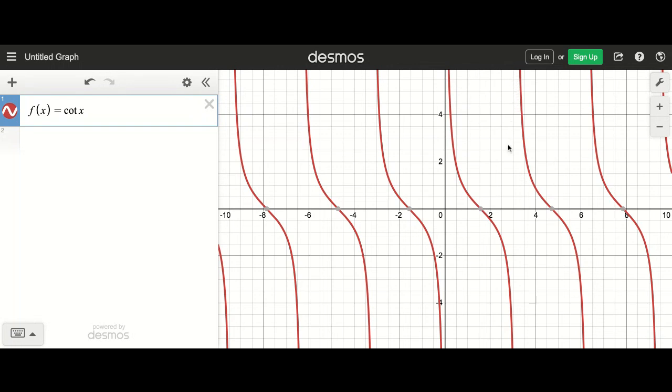Tangent goes this way. Tangent goes this way. Could just flip it, right? For tangent goes to positive infinity, and then the cotangent goes to negative infinity, because it's 1 over tangent. All right, let's go back.